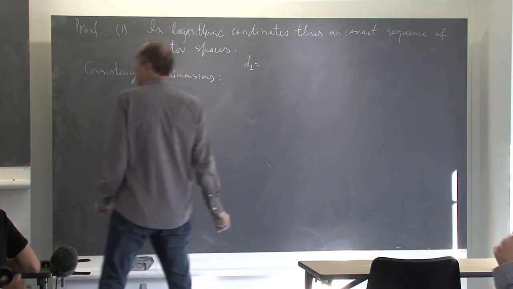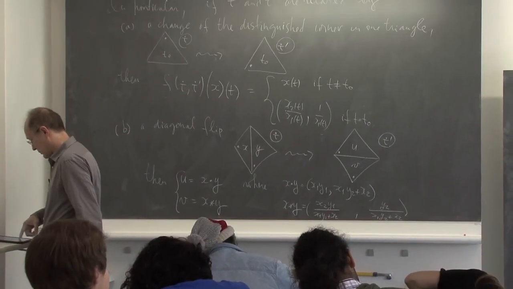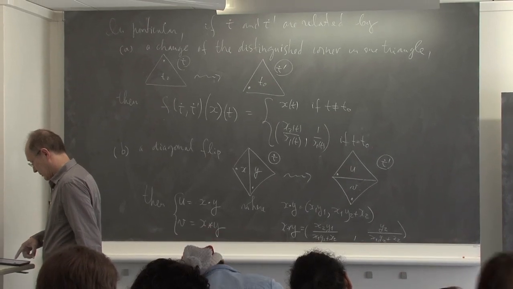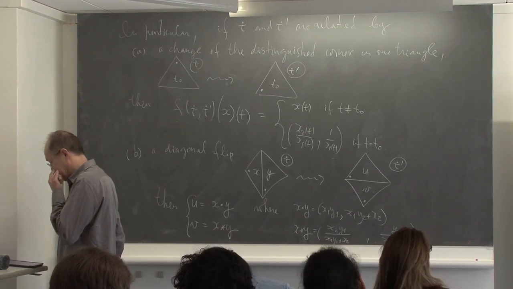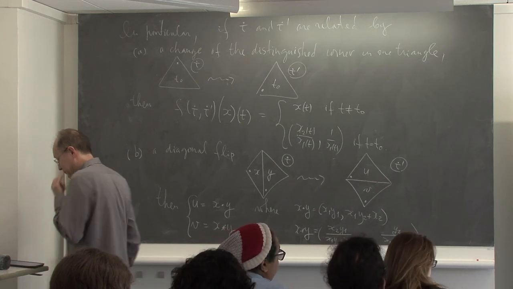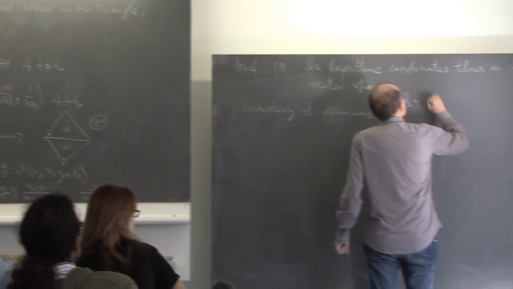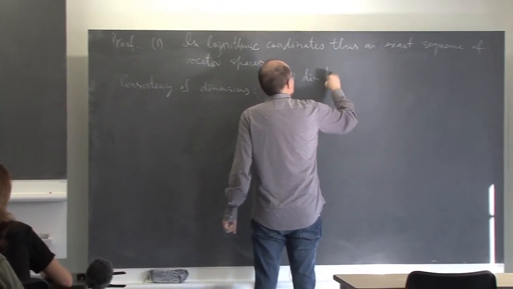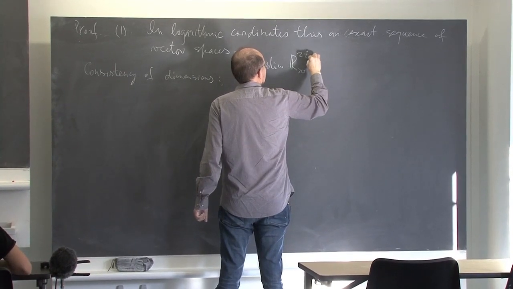D1 will be the dimension of the middle part. I mean there is no middle part. But let me write it. Dimension of R positive twice T dot of 2.